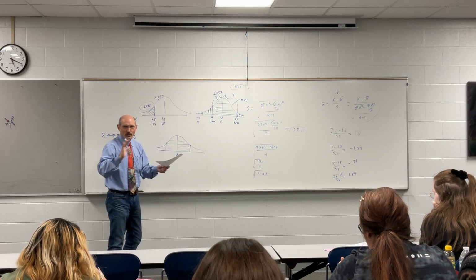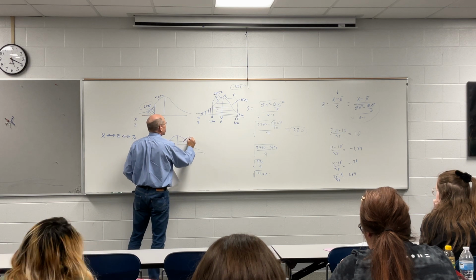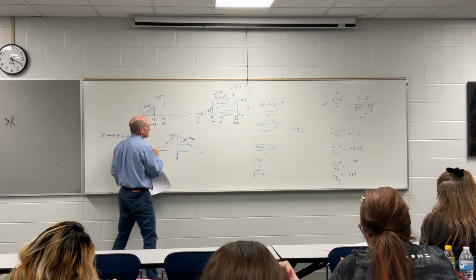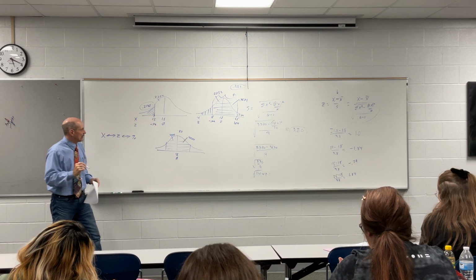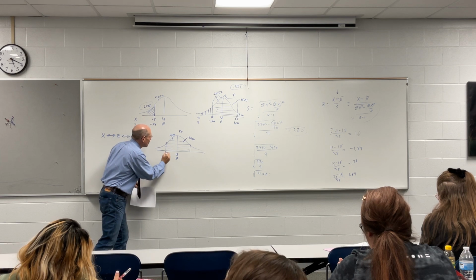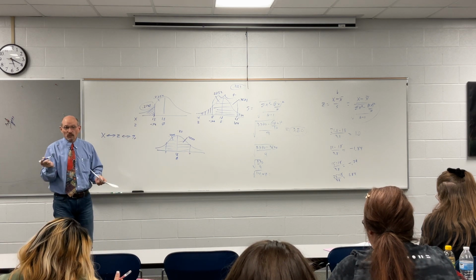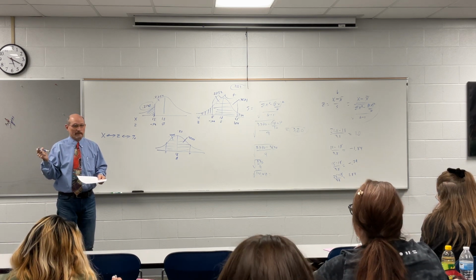But the way it works out, you want it evenly in the middle, which means this area is 0.4000, and this area is supposed to be 0.4000. Those two added together give you 80% in the middle. The question becomes, what are those two values? It's really only one value, one positive and one negative, because it's above and below.